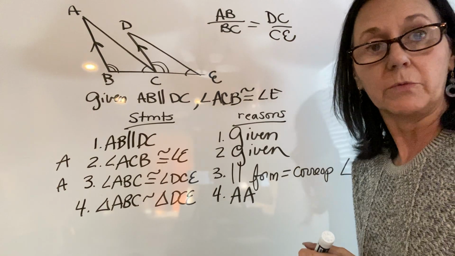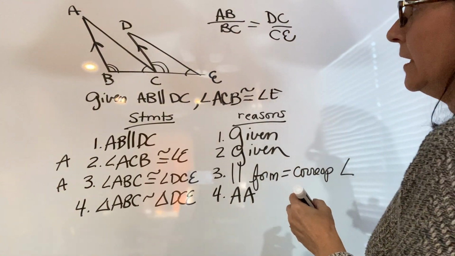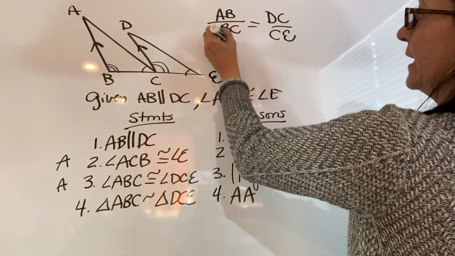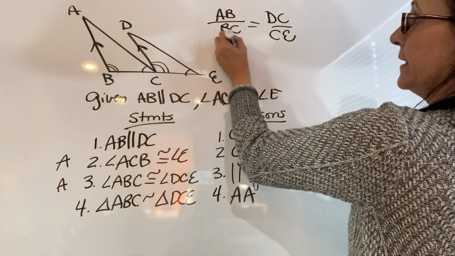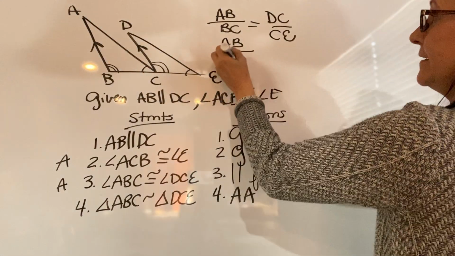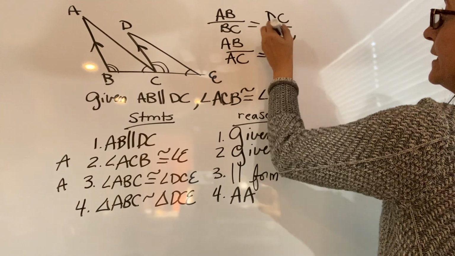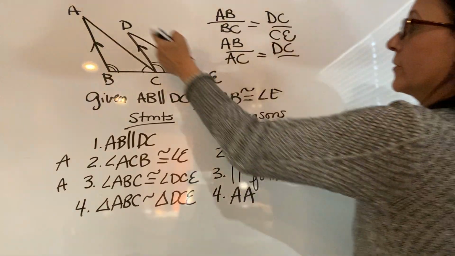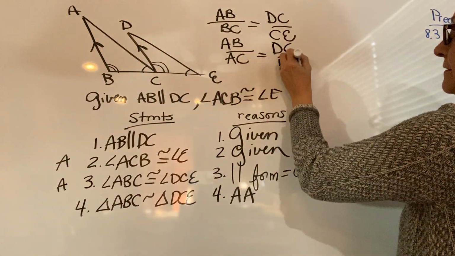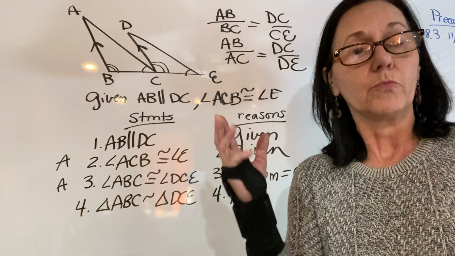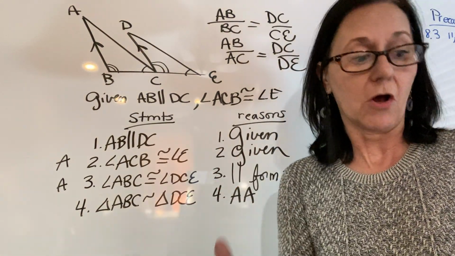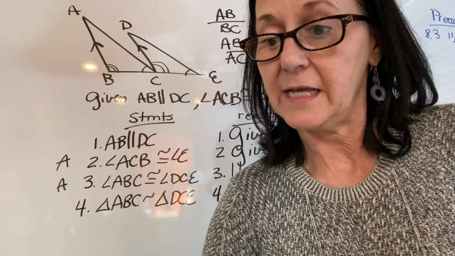So that ratio would work. I could also say AB over AC is congruent to DC over DE. So I could use those proportions to solve for the lengths of sides.